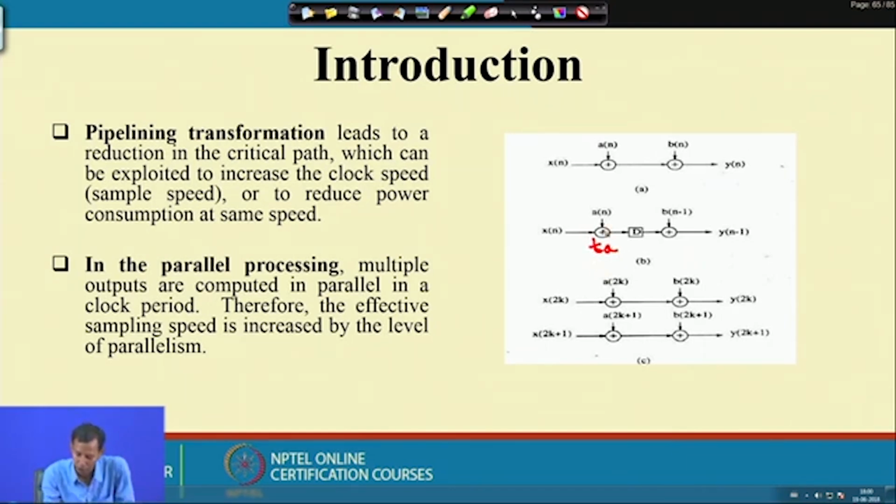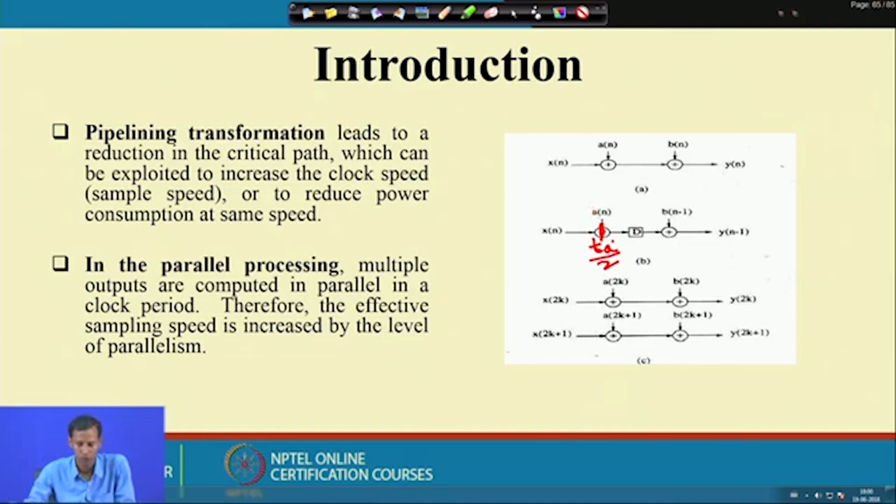Now, if I put the register in between, this will become delay by 2. So, I can increase the operating speed by a factor of 2 if I use pipelining at the operator level. This particular pipelining technique is known as fine grain pipelining.